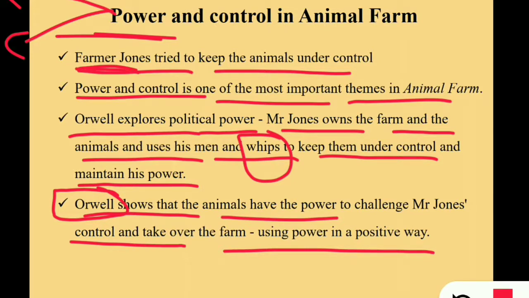Okay, but there are common people also who unitedly fought and they were able to dethrone the present ruler, that is Mr. Jones, Farmer Jones. All right. So through unity, everything is possible. This is also shown in the novel.